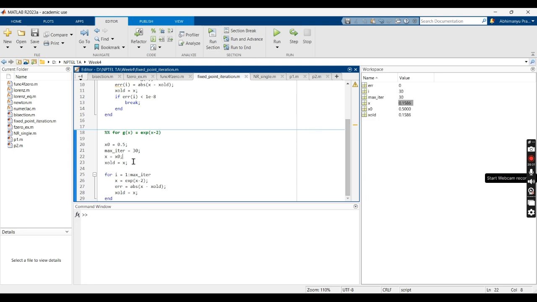Yeah, so I will give the similar check values over here so that we can stop when our tolerances are met.